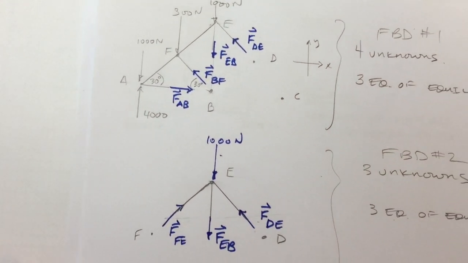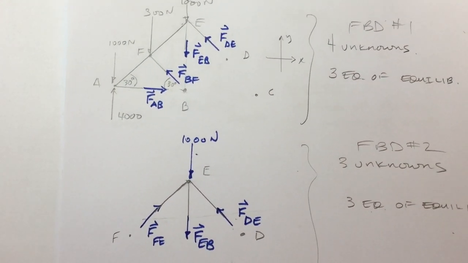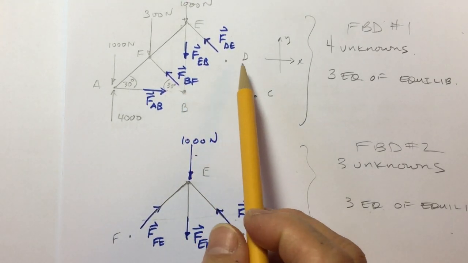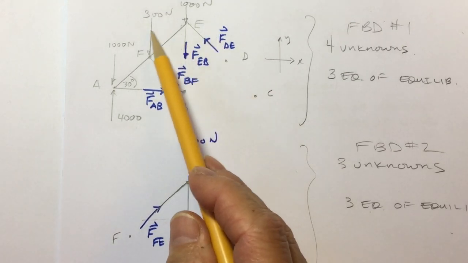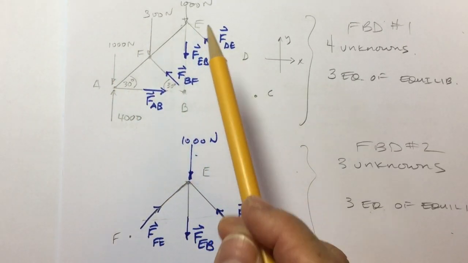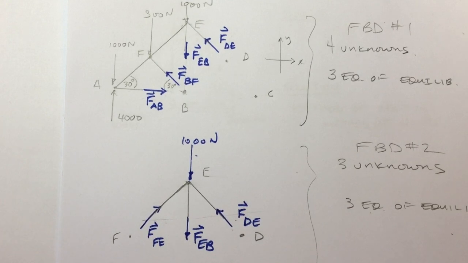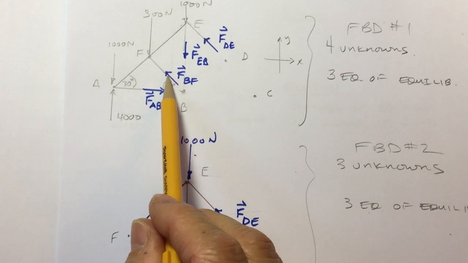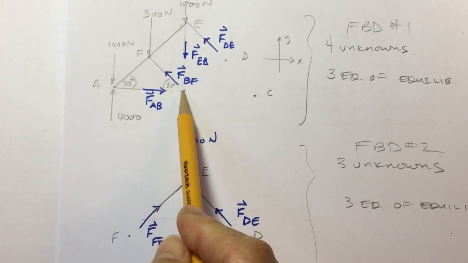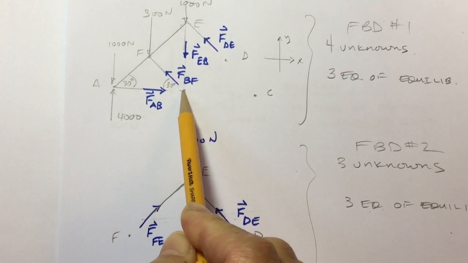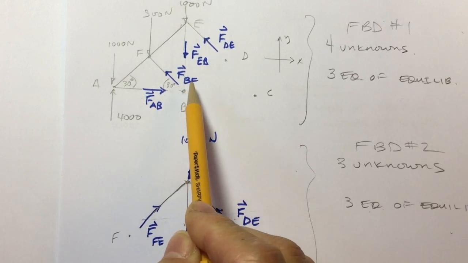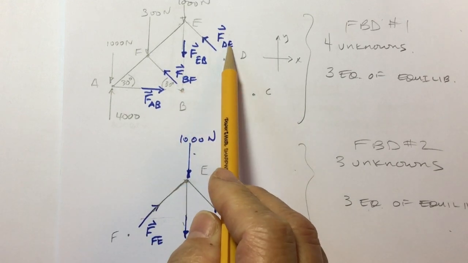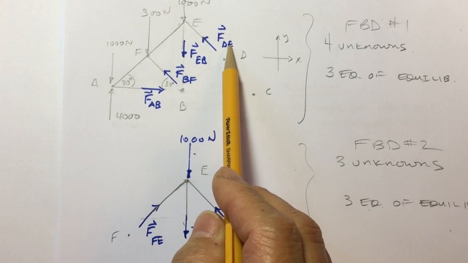That's because when you apply the 3 equations of equilibrium, especially the moment equation, I can take the moment about these points, even if they're not included in this sectioned portion of the truss. So with that said, I note that force FAB, BF, and EB are all concurrent about point B. If I were to take the moment of all these forces about point B, I'm only left with one force, FDE.